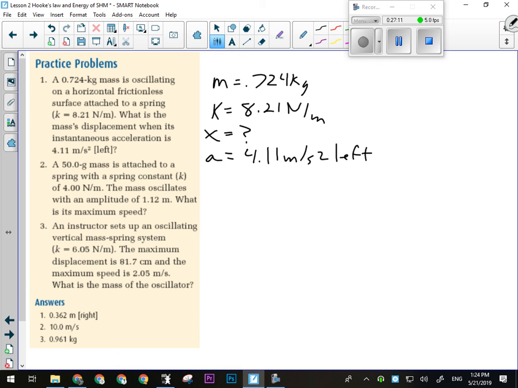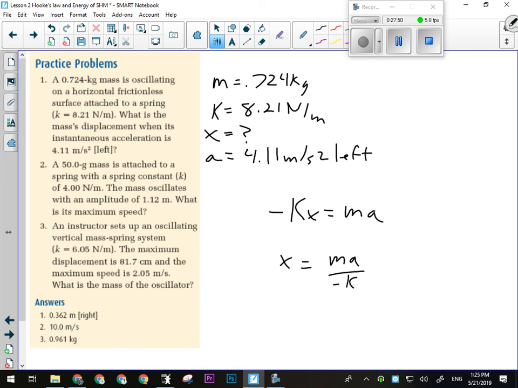What is the only force causing the oscillation? Force of the spring. Thus, the force of the spring is the net force. We can calculate this because we know the acceleration at whatever point we're at. We're trying to find what x is when the acceleration is 4.11. So I'm going to solve for x by dividing this side over here. I'm going to have that x equals m times a over negative k.